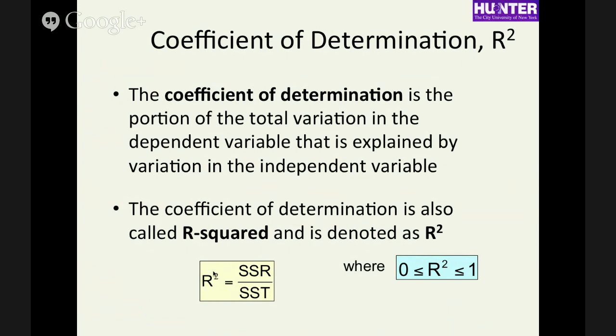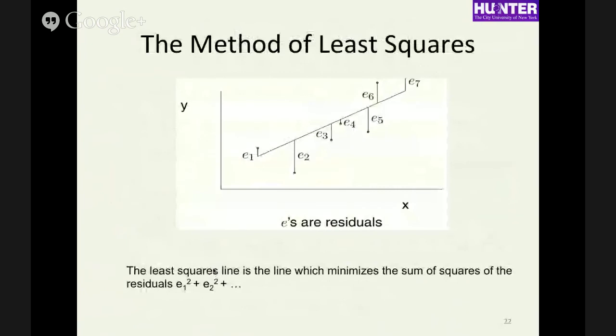Yes? Does that just mean that it's telling you how accurate your line of regression is? Yeah, it is a measure of how accurate your line of regression is. Because if you have all of these data points nice and close to the line, then your sum of squares of the errors is going to be small, and your sum of squares of the regression will be very close to your total sum of squares.